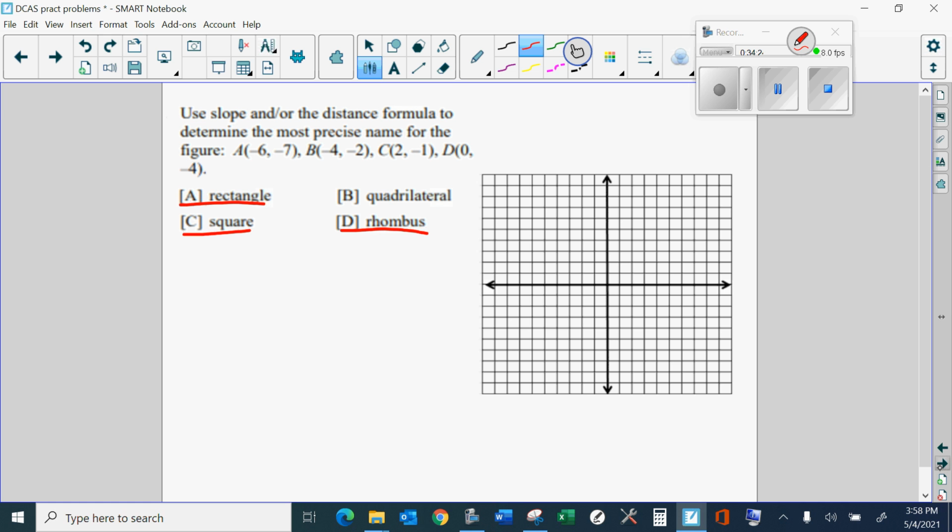And they want you to figure out which parallelogram it is, a rhombus, rectangle, or square like we had done before. -6, -7. -4, -2. 2, -1. And 0, -4.